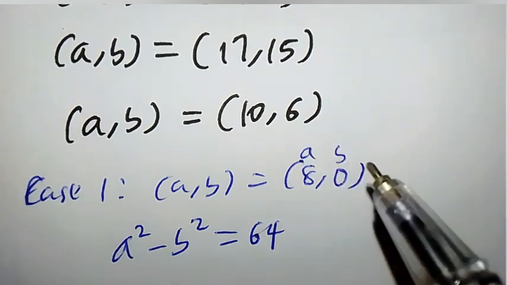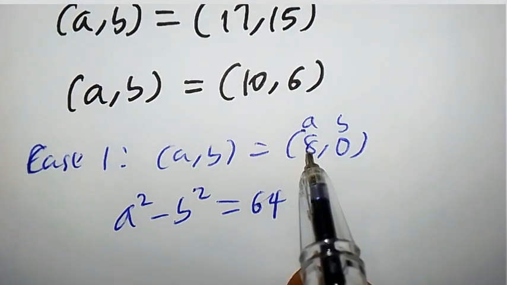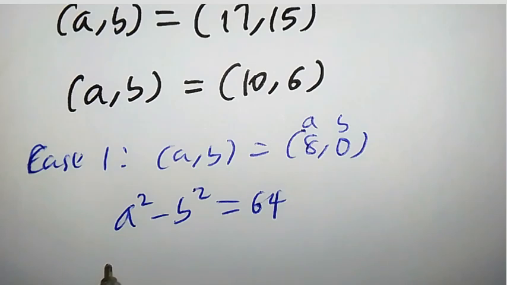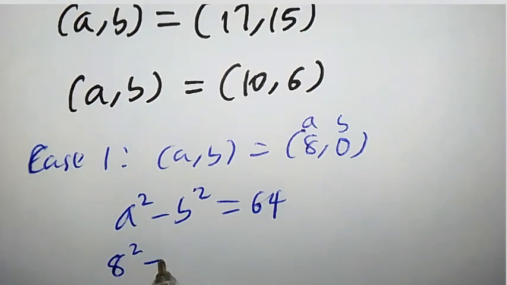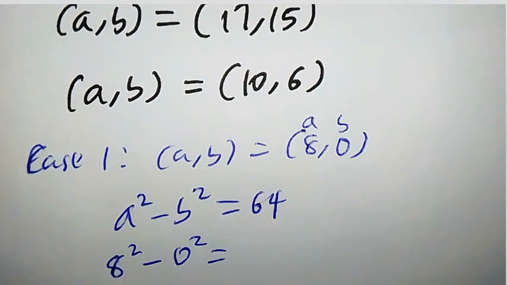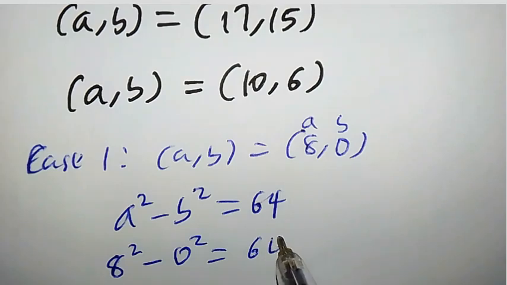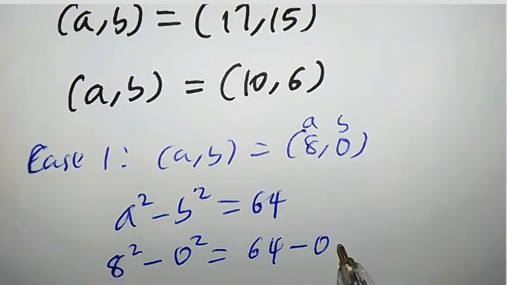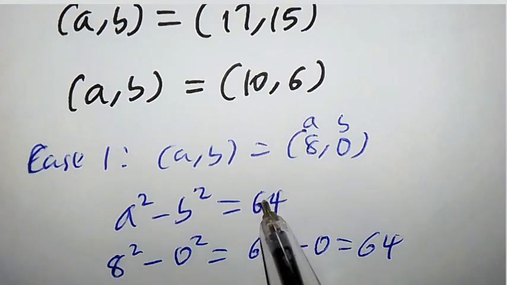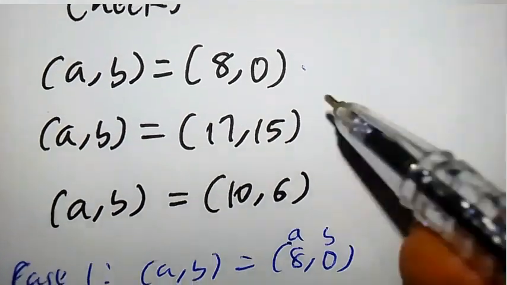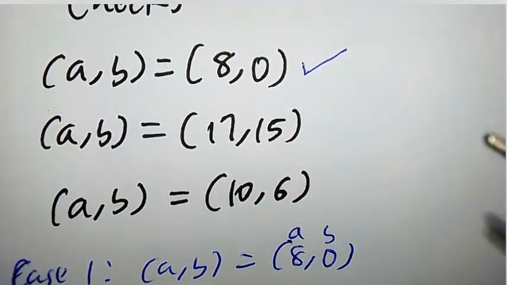A is 8, b is 0. So let's substitute into the left hand side. We have 8 to the power of 2 minus 0 squared equal to 64 minus 0, which equals 64, exactly what we have on the right hand side. So indeed, this is correct.